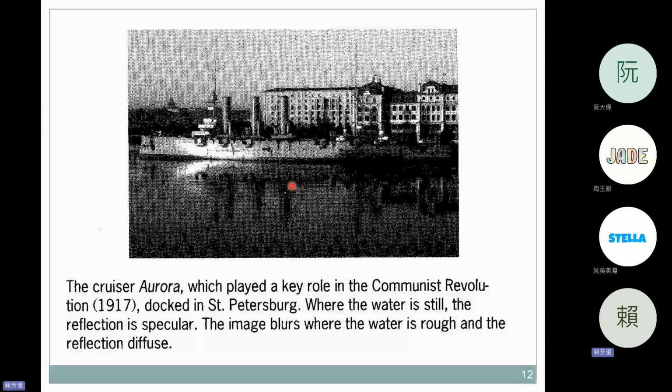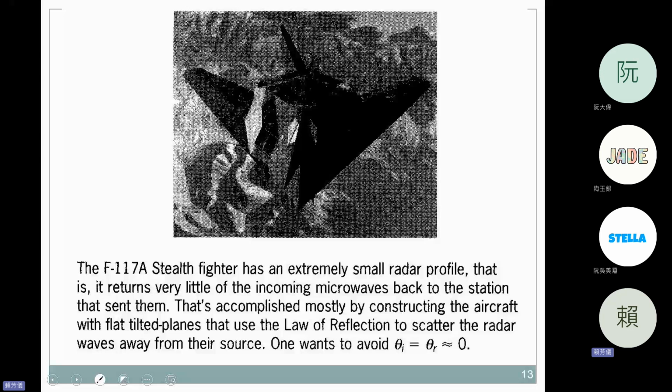Okay, and here is another application of the law of reflection.